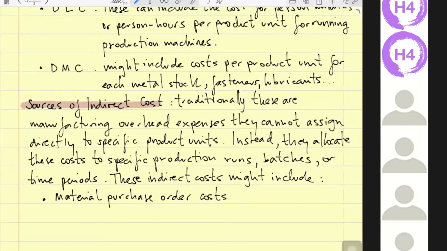Ihr könnt euch erinnern, ganz am Anfang, im letzten Semester haben wir uns ein Modell angeguckt, das sowas modelliert hat, okay? Wie viele Kosten dann entstanden sind. Also firms typically do not order materials for each product unit, but instead for entire batch runs.